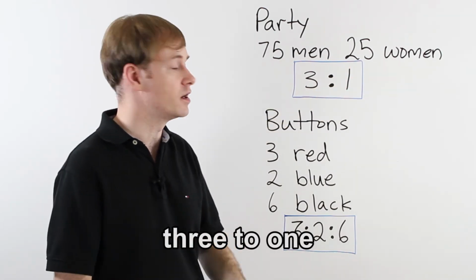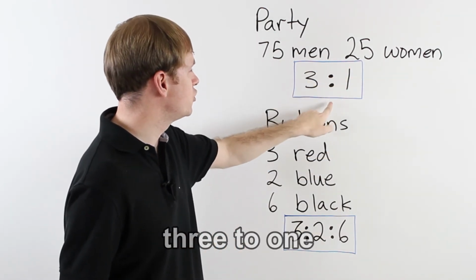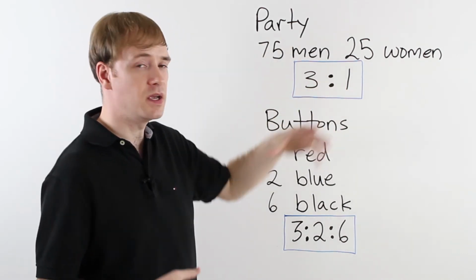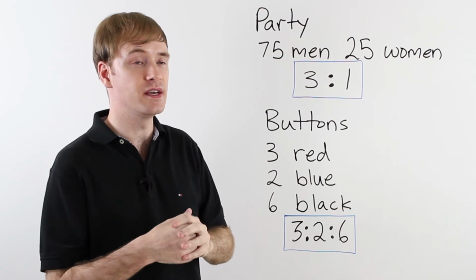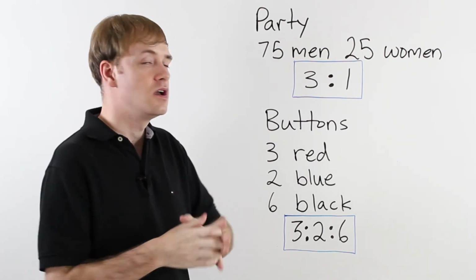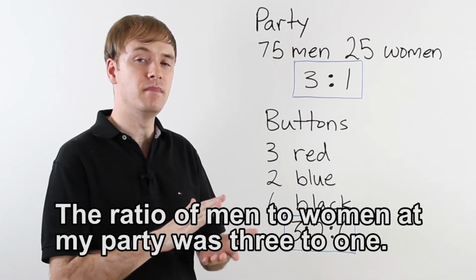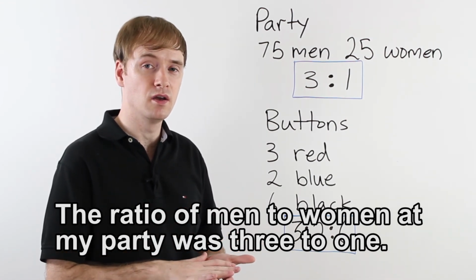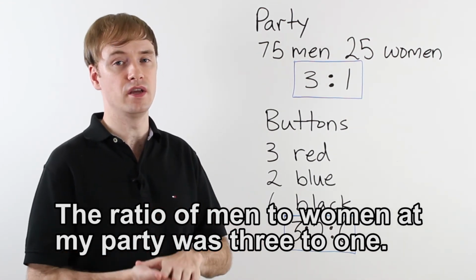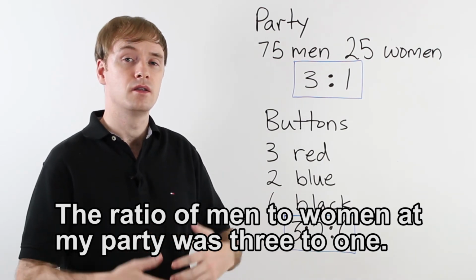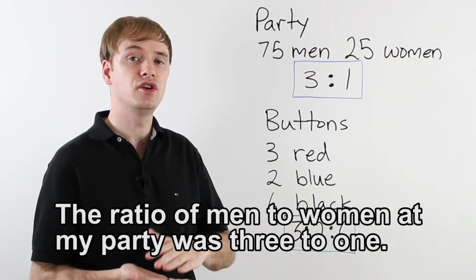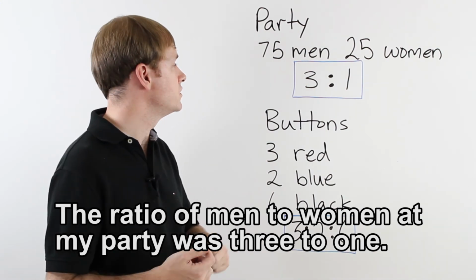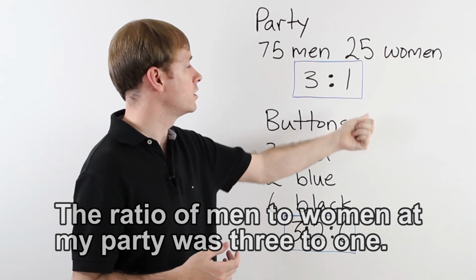The colon here, we always say to. But let's make a complete and full sentence. So I would say the ratio of men to women at my party was 3 to 1.